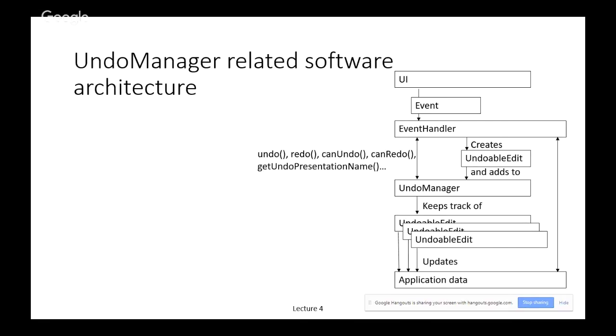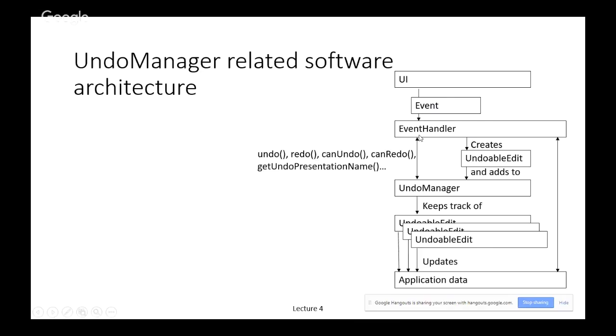So if we look at it from the higher level, of course you have the user interface. The user is something that causes an event. It goes to your event handler code. If it's such an operation that it creates something that can be undone, then your code creates this UndoableEdit and adds it to the UndoManager.